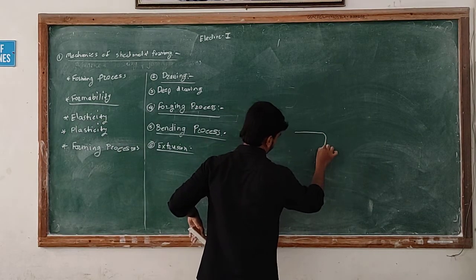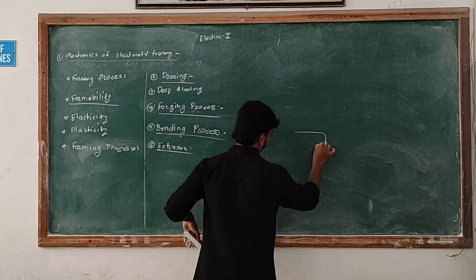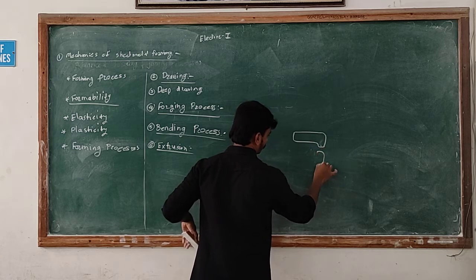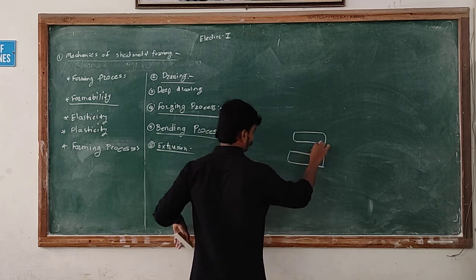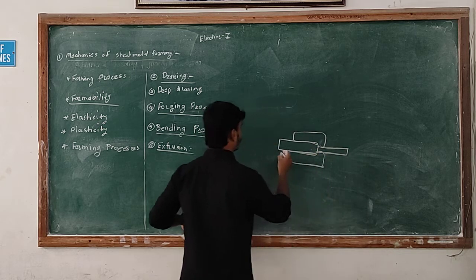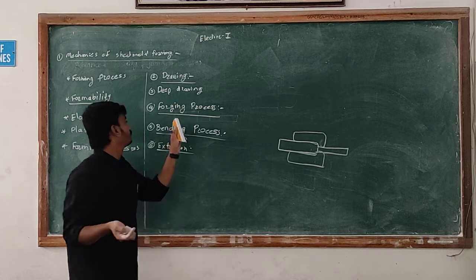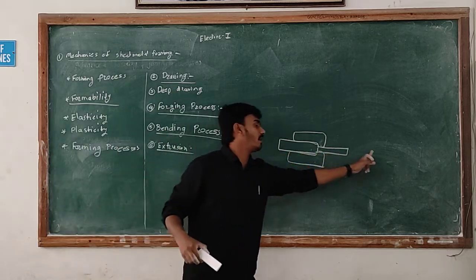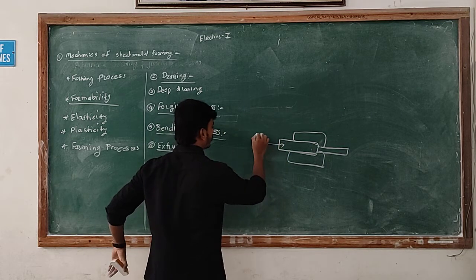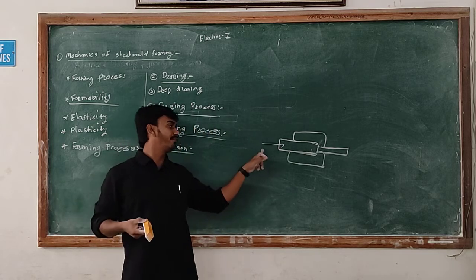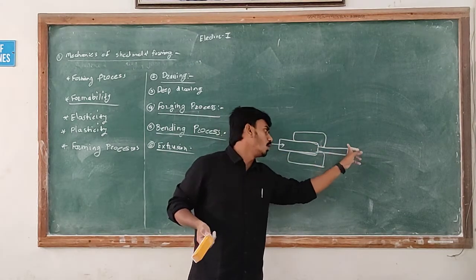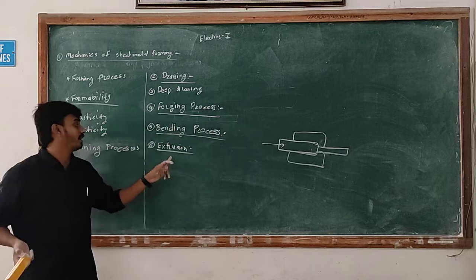In the drawing process we apply a pull force, but in the extrusion process we apply the force here, and due to this applied force, this material will move to this side. This process is called extrusion.